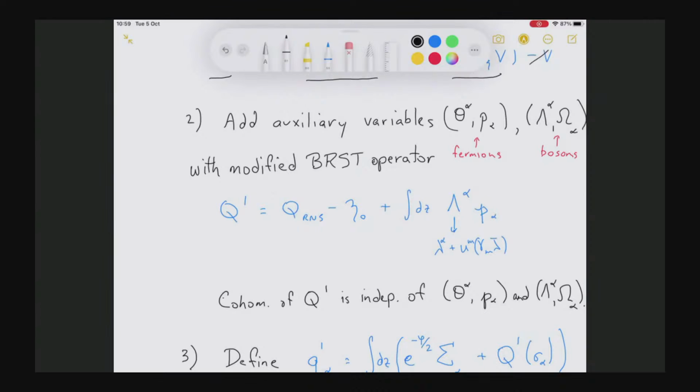The way you're going to modify the BRST operator is by adding this topological term, lambda alpha p alpha. So this is the standard topological quartet mechanism, which tells you that physical states are independent of the thetas and p's and the capital lambdas and omegas.